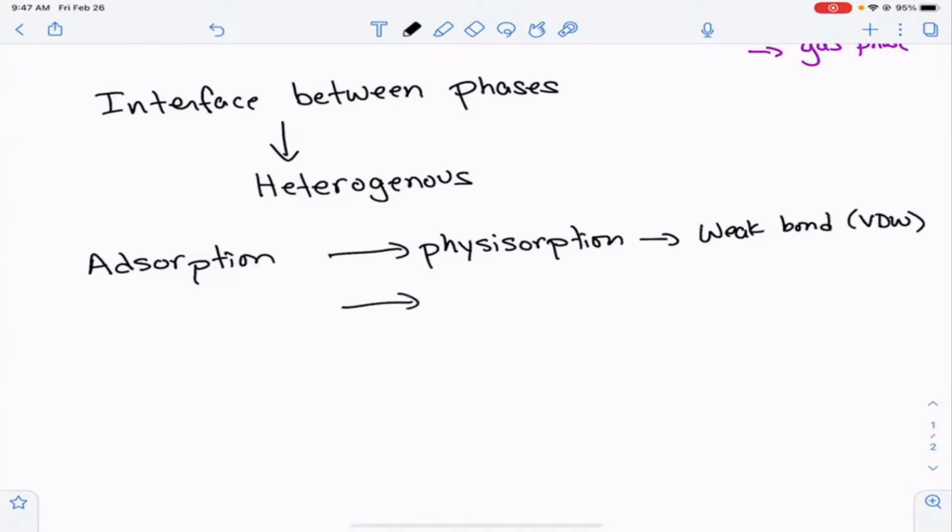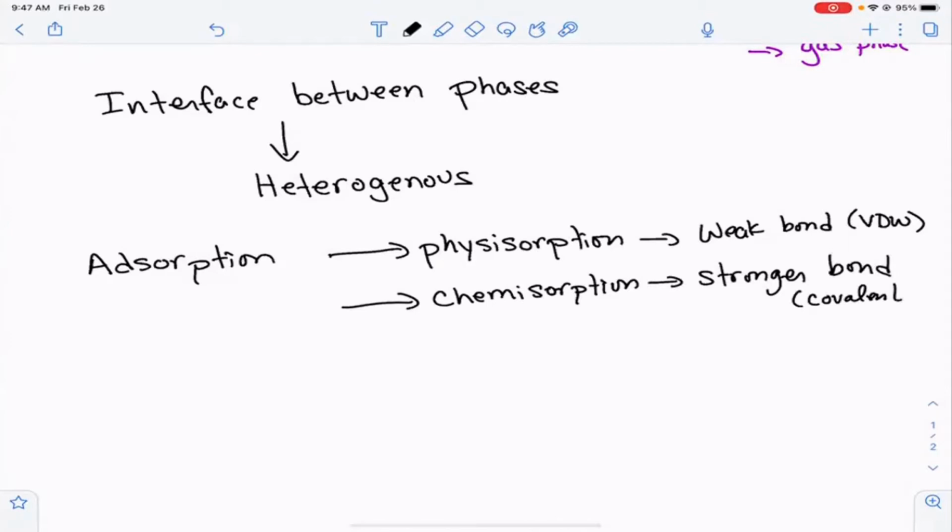And the second type of adsorption is chemisorption. Those are stronger bonds, and they can even be covalent, right? A real bond between the surface and the reactant, okay?